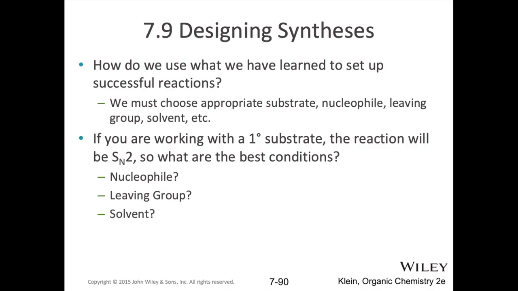If you have a primary substrate, that tends to encourage SN2. If you're doing an SN2 mechanism, you might want to think about what you can do to make this more successful, to increase the rate. For an SN2 mechanism, it helps to have a good nucleophile, for example. For both SN1 and SN2, you want a good leaving group regardless, so you'd probably want to fix that as well.